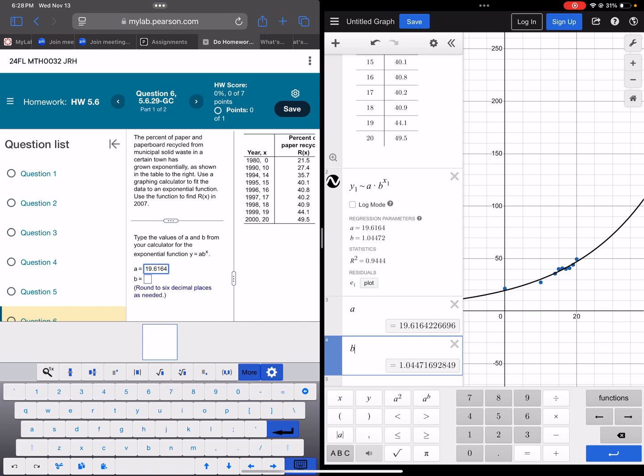19.6164 and b 1.0447. Oh, they want 6 decimal places. What am I doing? 0.44717. And so this one, after that 6.4, I should have 2.3. Oops.